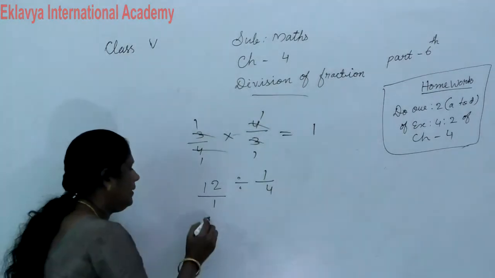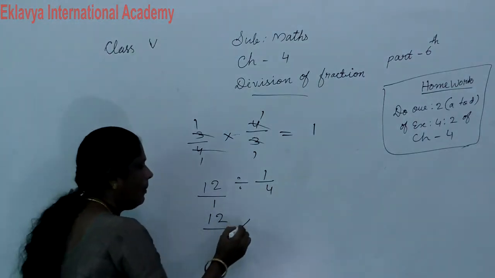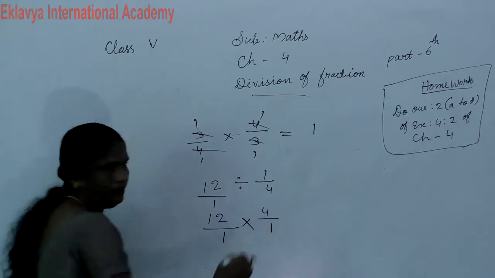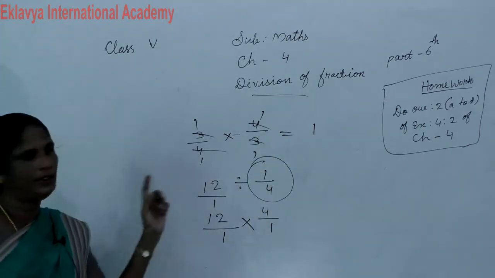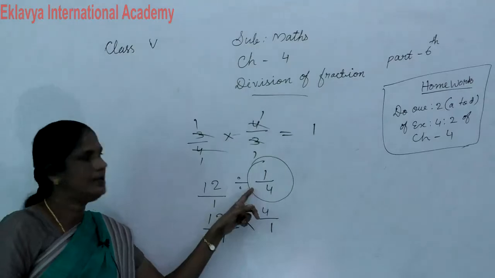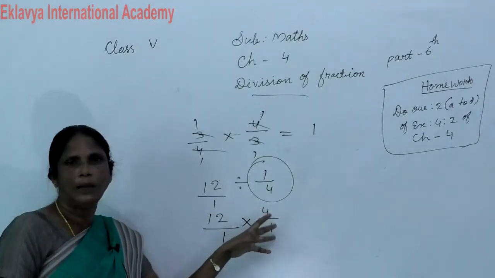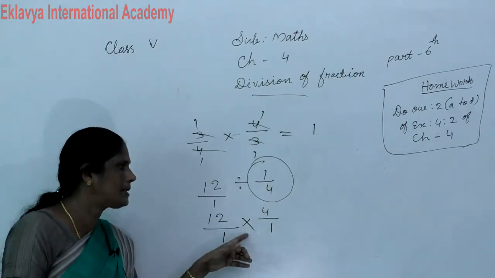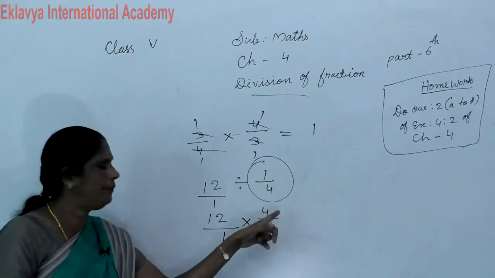Then 12 upon 1, multiply 4 upon 1. Reciprocal of the divisor. This is our divisor. Reciprocal means multiplicative inverse. This sign also becomes a multiply sign. Then this is the inverse of 1 by 4.